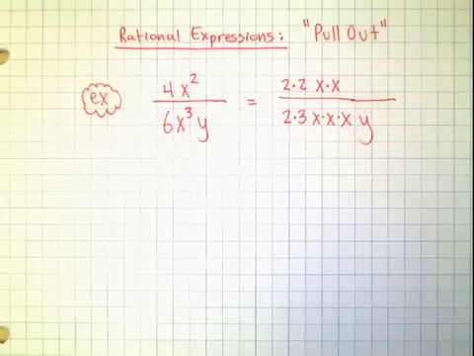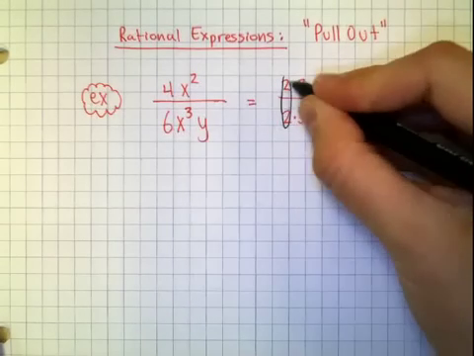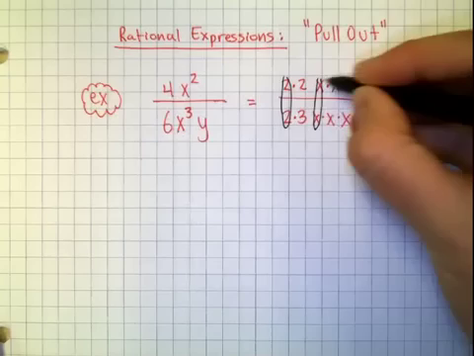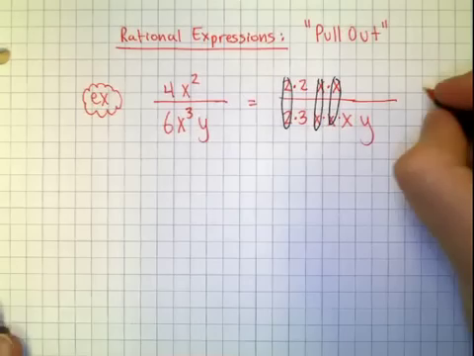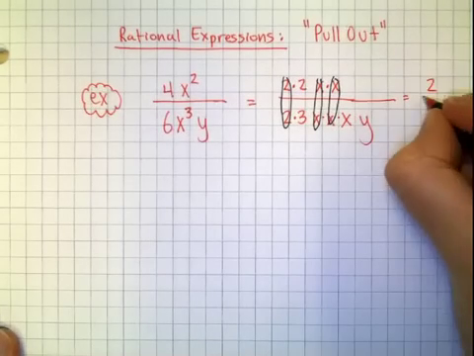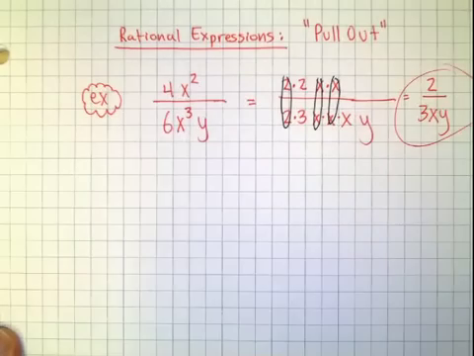All you do is go through and match things up. Where do we have pairs? We have a pair of 2's here, some x's we can circle, and what's left over is our answer. We have a 2 on top and a 3xy on bottom, and that's my answer.